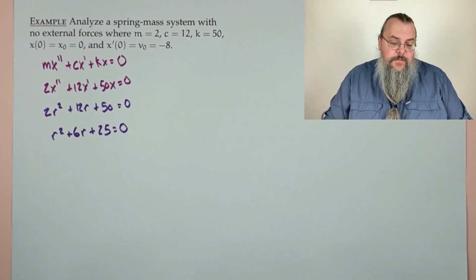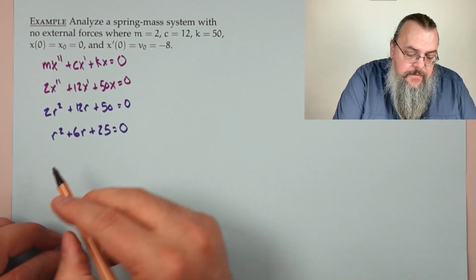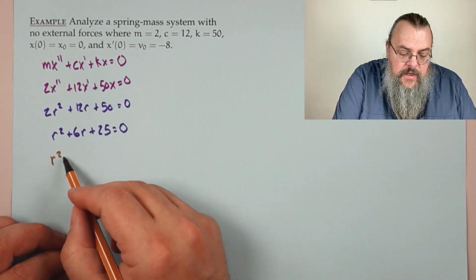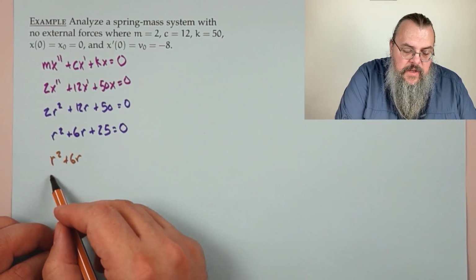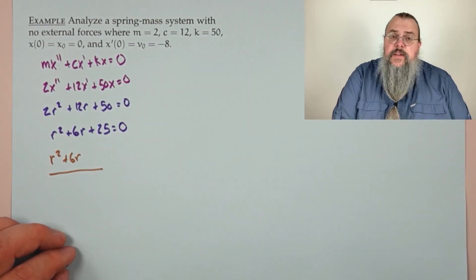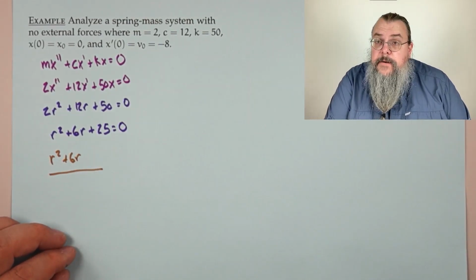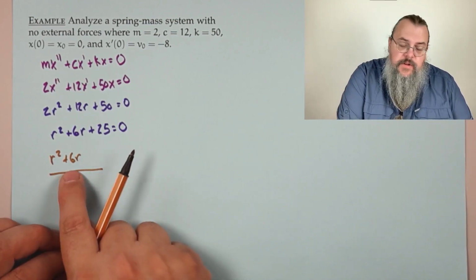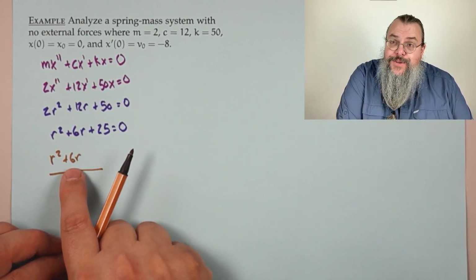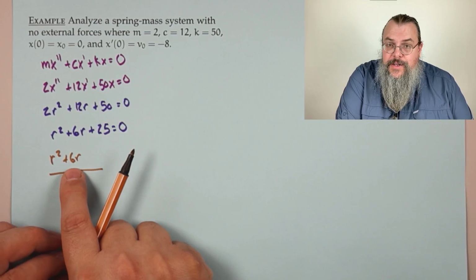So what does that mean? Well, we have r squared plus 6r. What would we need to complete the square? You take the middle term, 6, divide by 2, 3, square it, 9.